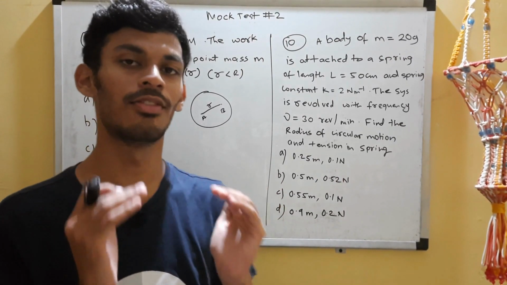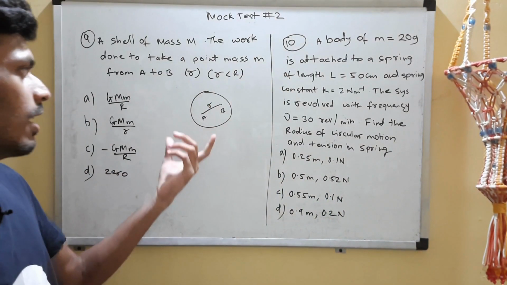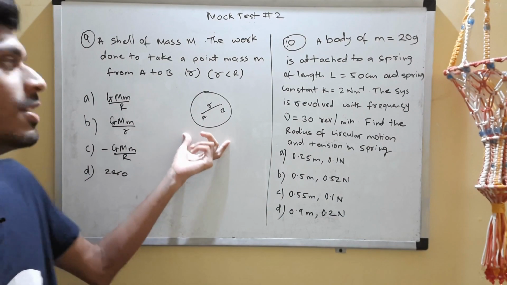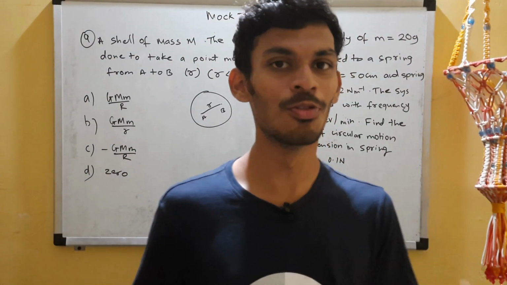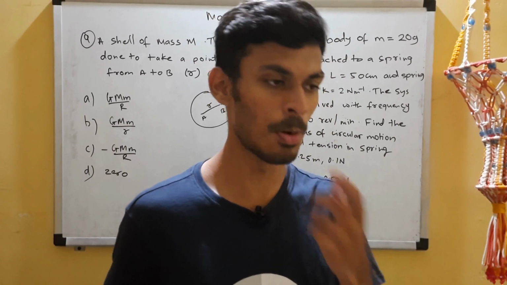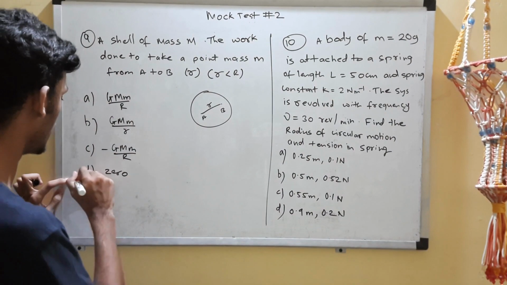Just like the electric field inside a spherical shell is zero, the gravitational field inside is zero. If the field is zero, what will you work against? There is no field to work against, and hence the work done will be zero.